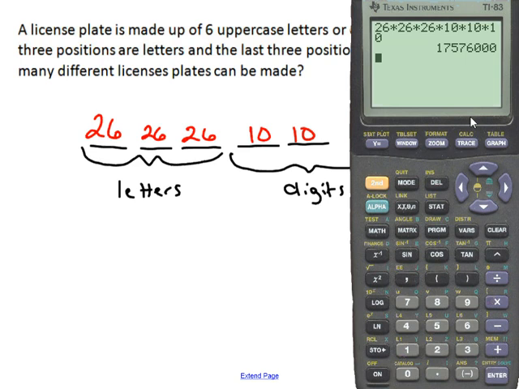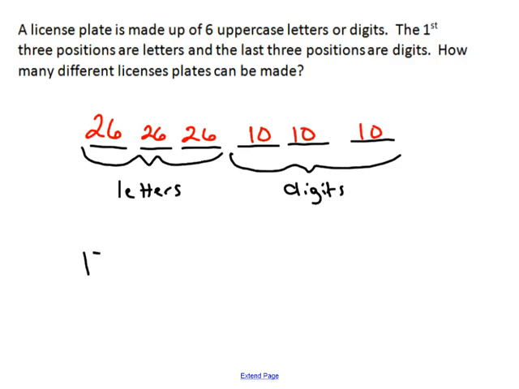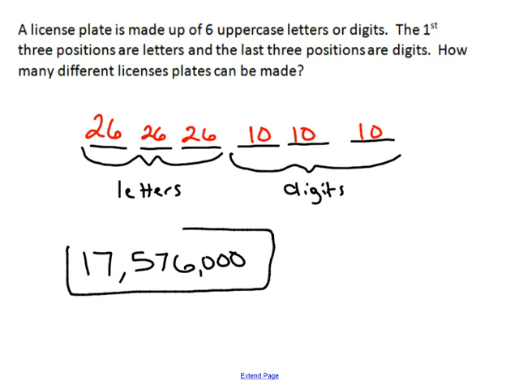There we go. Now if we check our commas here, this gets us 17,576,000. There. This is how many possible plates are permitted to be printed.